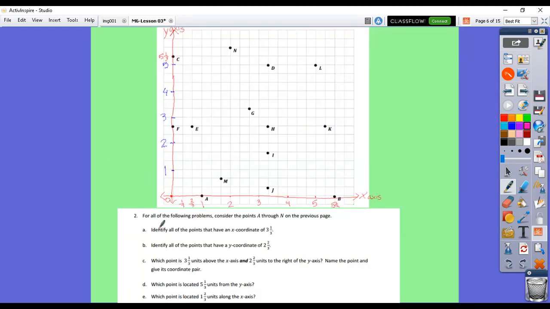With number 2, they want us to identify all the points that have an x-coordinate of 3 1/3. So my x-coordinate is going to be along this x-axis here. So I have to find 3 1/3. Here's 3, here's 1/3. So any coordinate that would have an x of 3 1/3, well, all of these would.